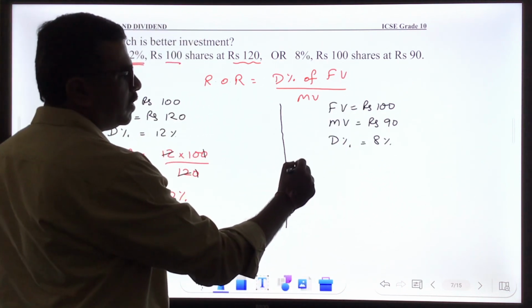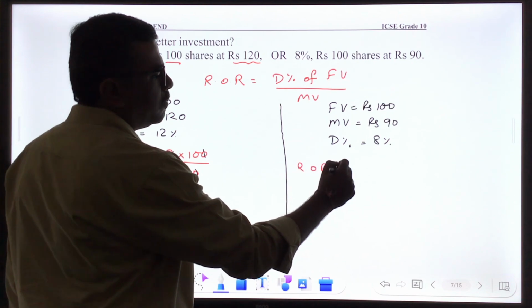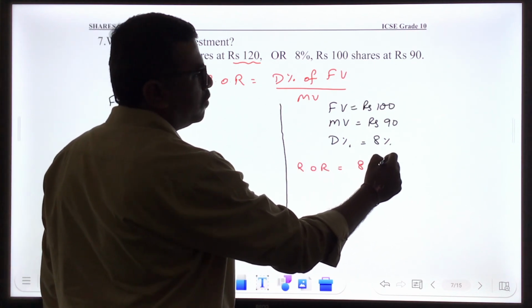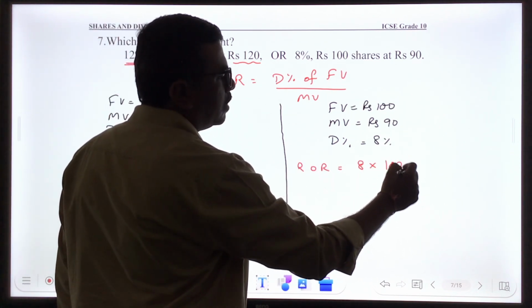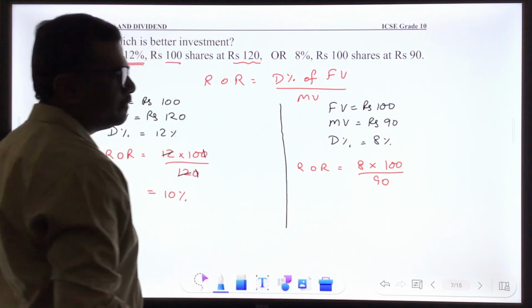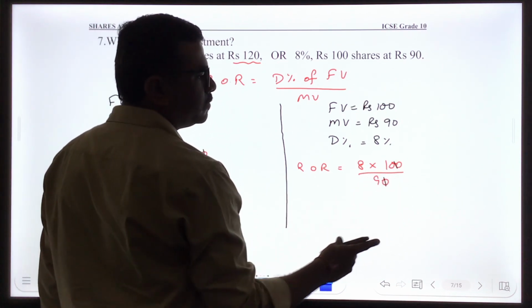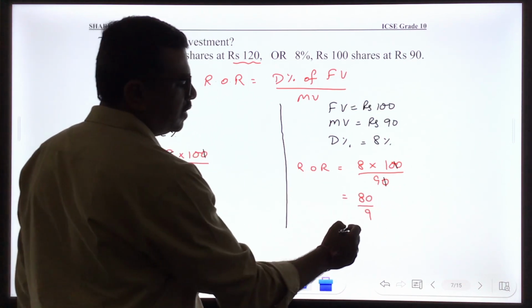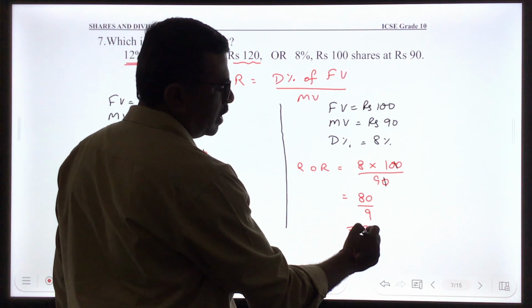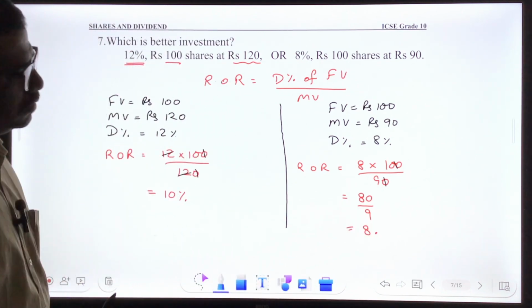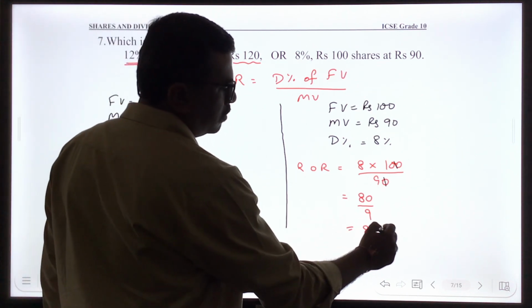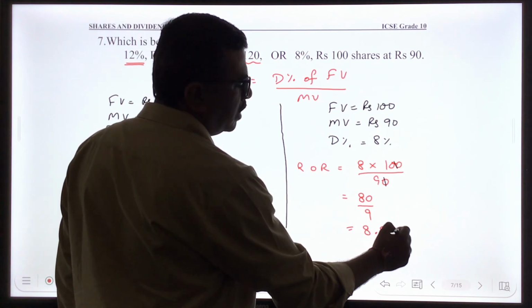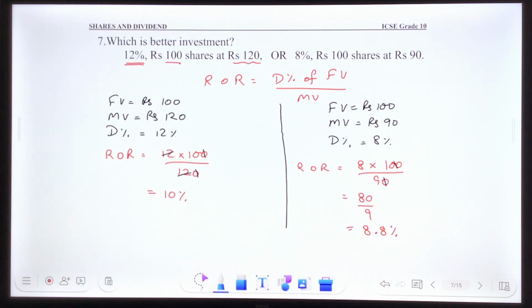So here the rate of return will be 8 into 100 divided by 90, which gives 80 upon 9, that is approximately 8.8%.